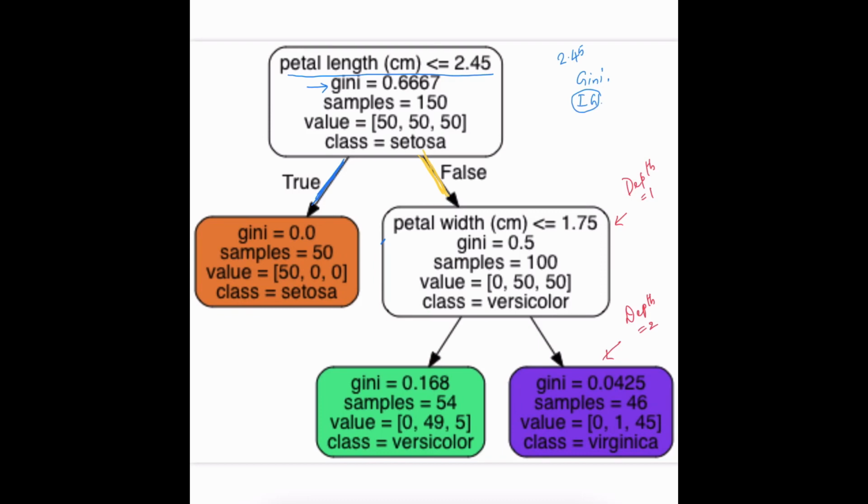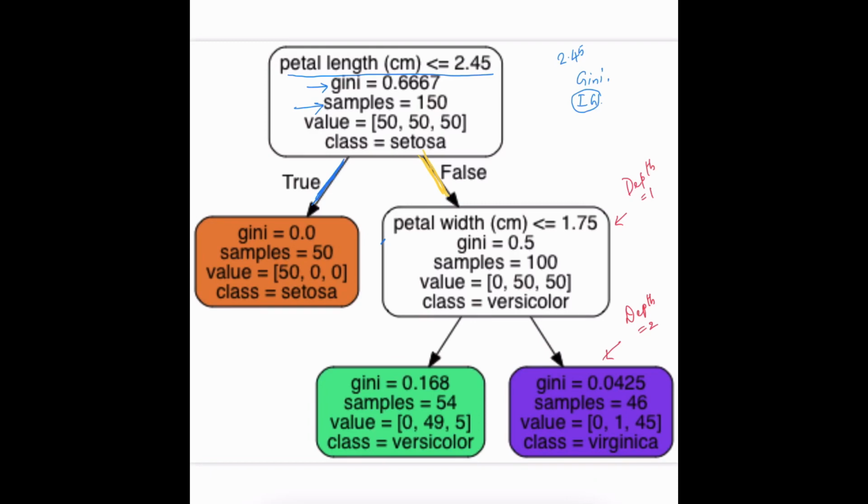Proceeding to the next information that is given on the node, samples equal to 150. This refers to the number of samples that are entering this node, before the split. So, the number of data instances that have been input to this node before the split.